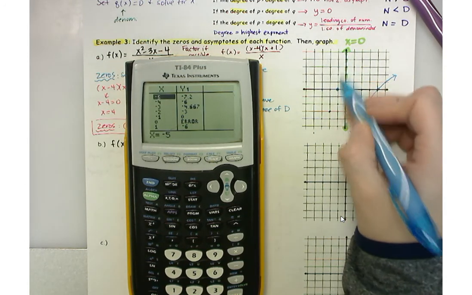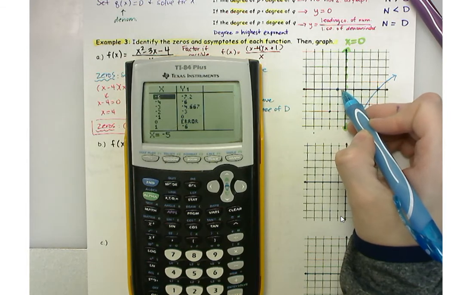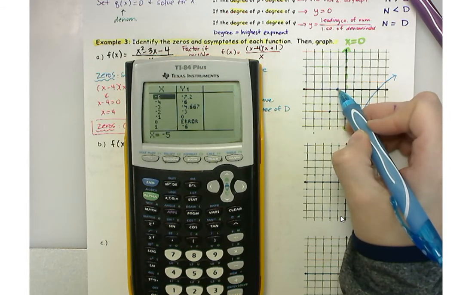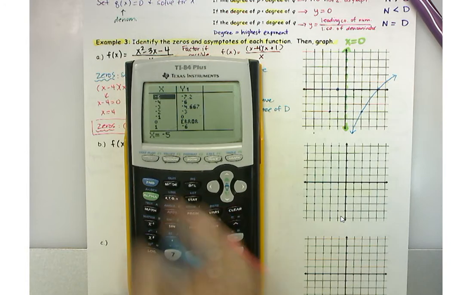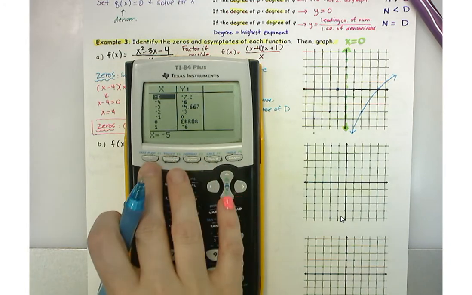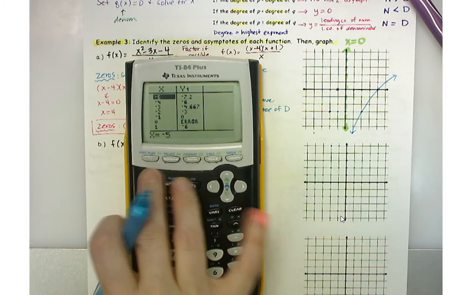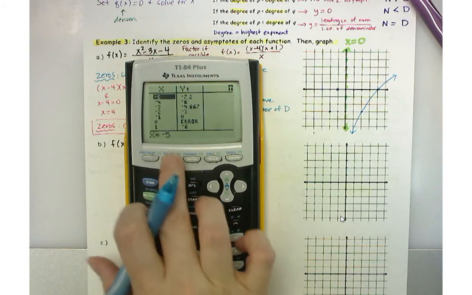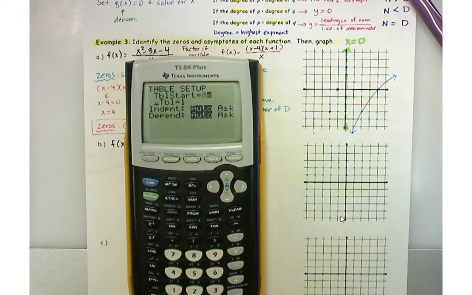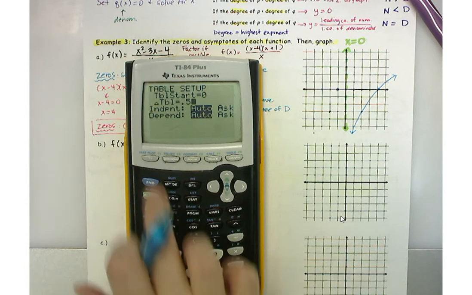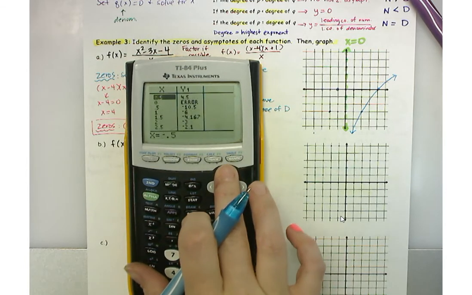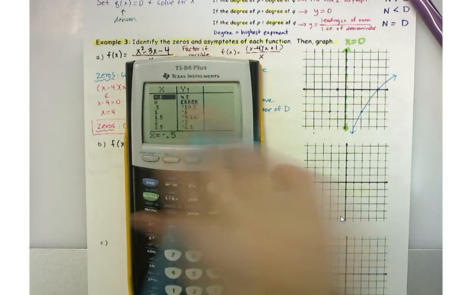Okay, so for B and C, I want you to find the zeros, the vertical asymptotes, and the horizontal asymptotes. I'm going to give you some time to do that. And then you are going to want to graph it. Okay, so will you write these down?